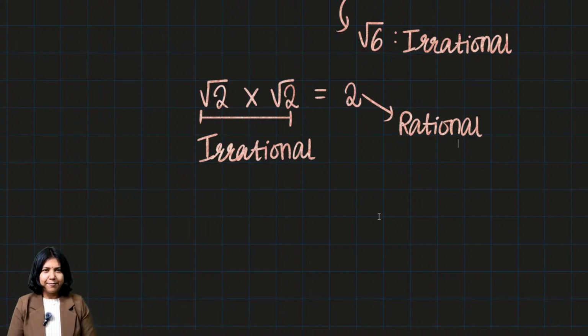But section 1.2 is mostly about locating irrational numbers on a number line, identifying irrational numbers and distinguishing them from the rationals. So this is the main part. And apart from this, we have a new part coming up that is all about terminating and non-terminating decimals. That is a fun thing, and this topic will very soon come to an end.